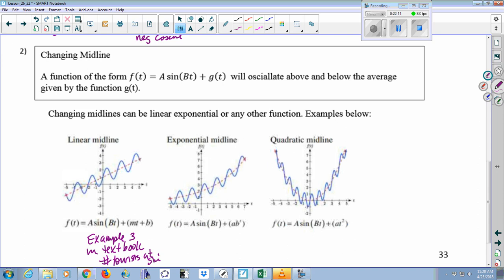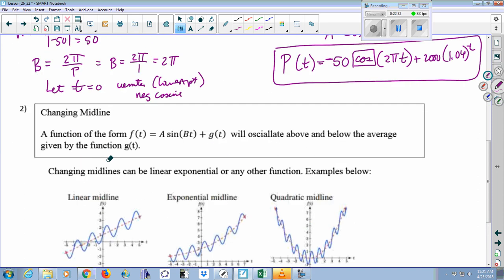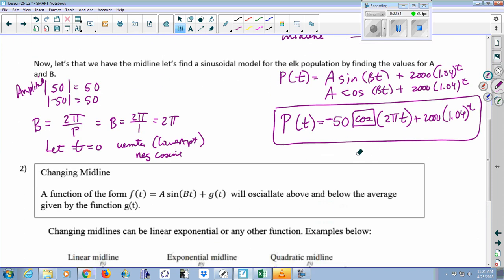So the little midline that you have at the end, this G of t, is just like an mx plus b model. Okay. So there's various examples of this in your book, more than this one that I've done. And again, I can only encourage you to read the book. You'll probably hear me say it 1,000 times. Any questions on how we came up with this model here?